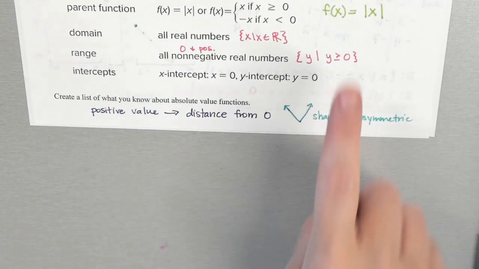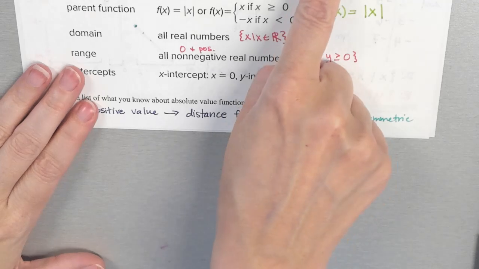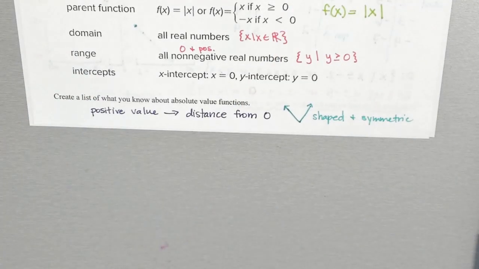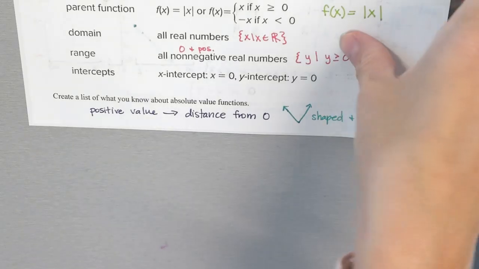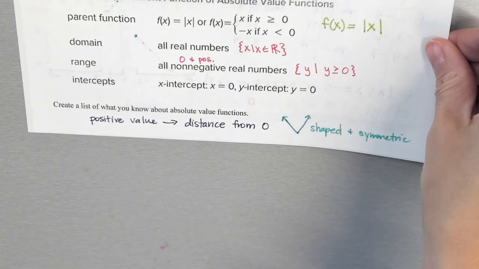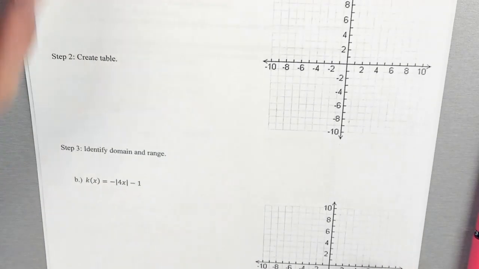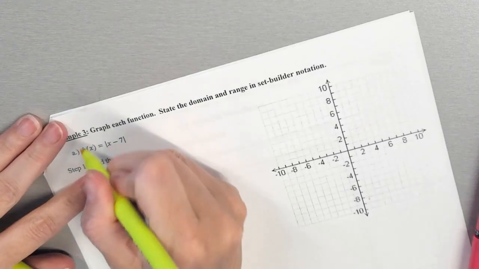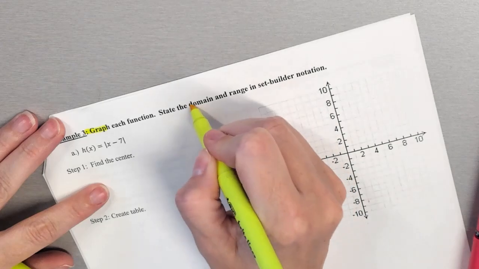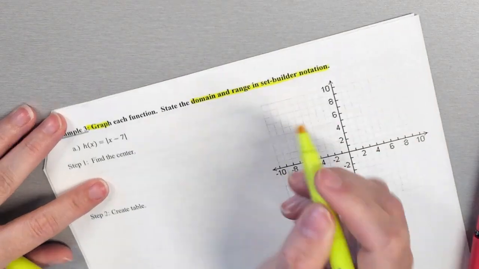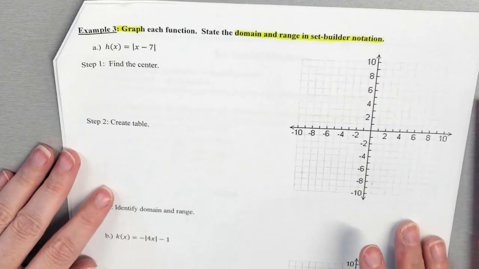Okay, now you might not always graph it just directly in the middle there because it's not always going to be at 0, 0. But if you were to continue that grid, it would be symmetric. All right, so let's graph a few of these. And then we're going to state the domain and range in set builder notation.